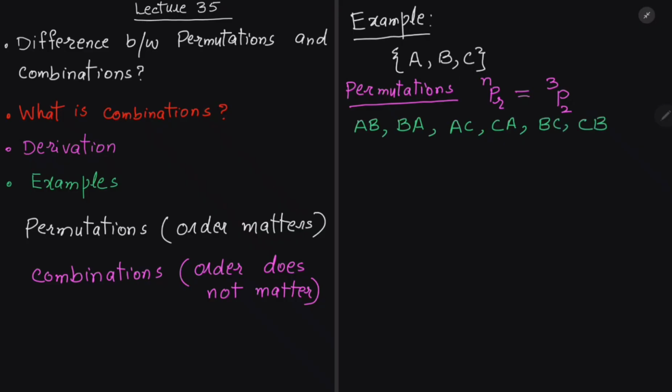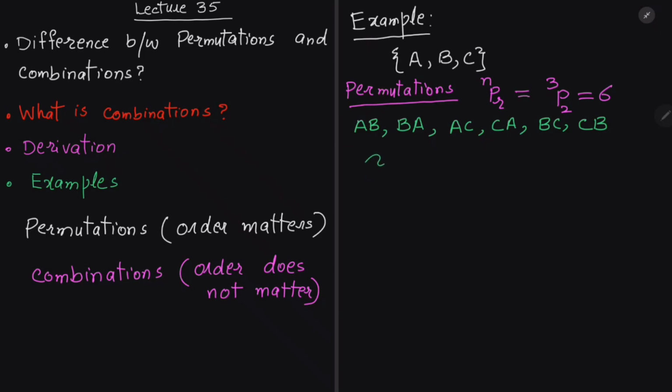These are all the arrangements, or permutations, of sets of 2. This is a set of 2, this is a set of 2, and so on. These are all the permutations, which is equal to 6. And here you can see that in permutations, order does matter.